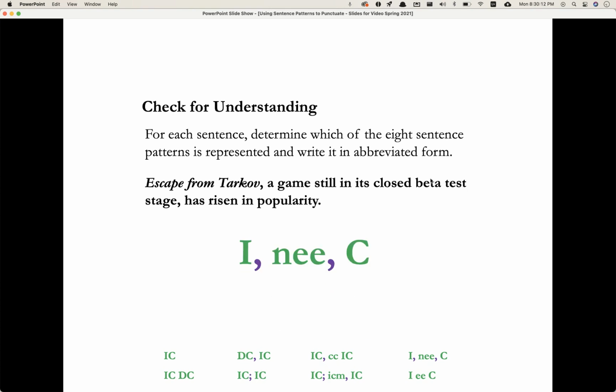So you could take this piece out here in the middle, a game still in its closed beta test stage. And so then the sentence would just read, Escape from Tarkov has risen in popularity. And that's all. You can take this piece out, and it doesn't really change the meaning of the sentence. So INEEC. And that extra information about the game has to be set apart with commas because it's a non-essential element.